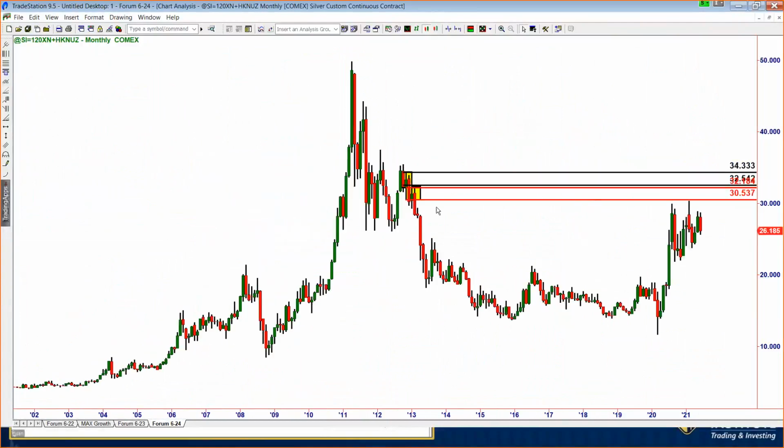Notice these are yellow zones. So yellow zones are the highest probability zones we have. But obviously we're not close to those.